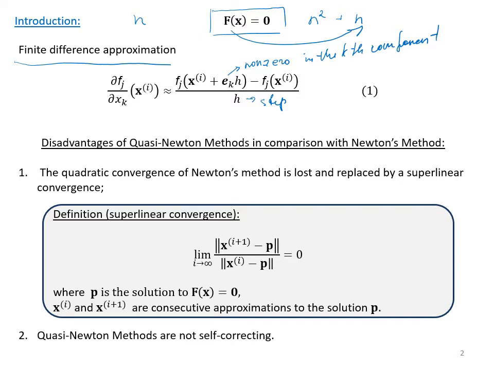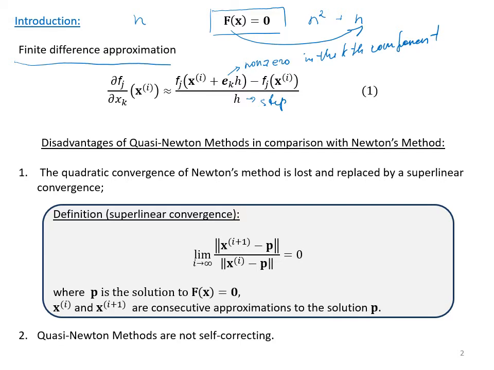In this case, we also do not reduce the number of arithmetic operations, and we still have to compute n squared partial derivatives. So our goal is to reduce the number of arithmetic operations and make our numerical method more efficient, and as a consequence reduce computational time.